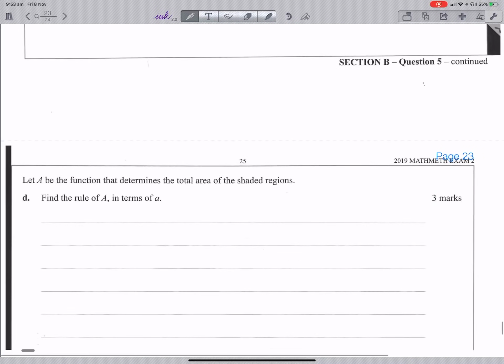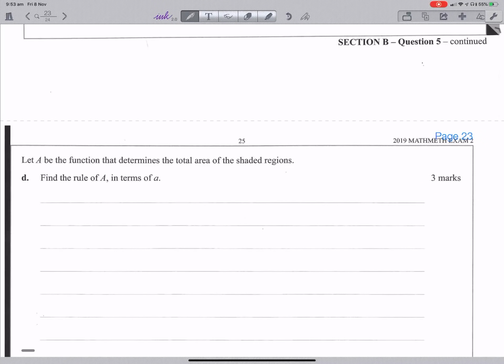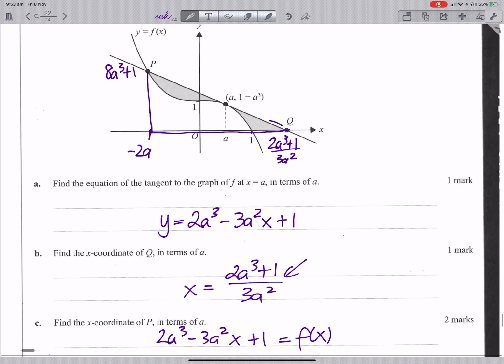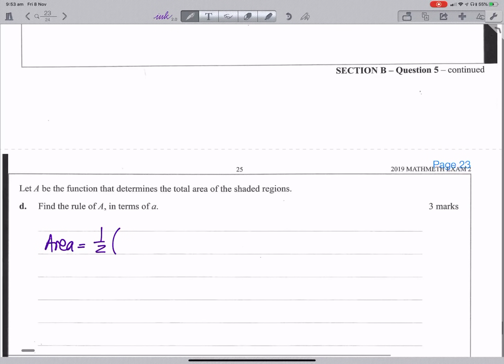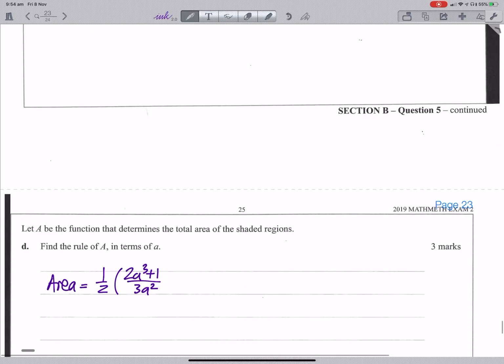Okay, so we can say the area is 1/2 times 2a cubed plus 1 on 3a squared, minus negative 2a, which is just plus 2a, times the height, which is 8a cubed plus 1.